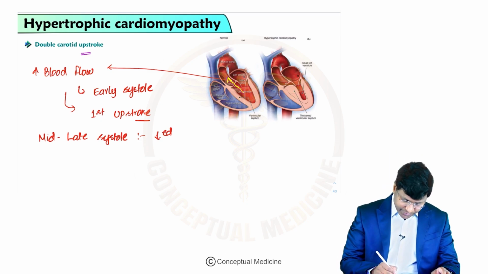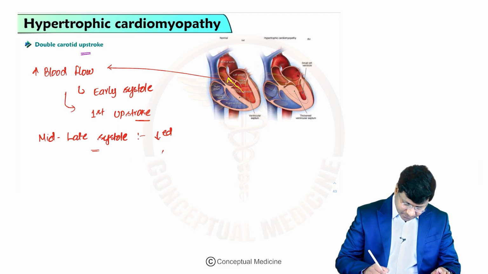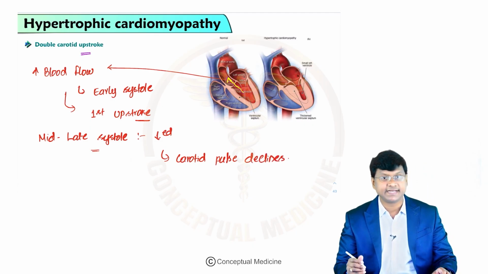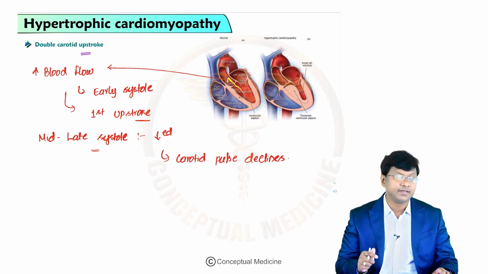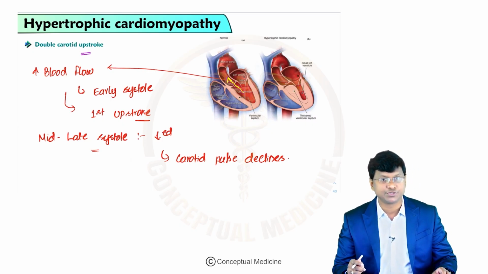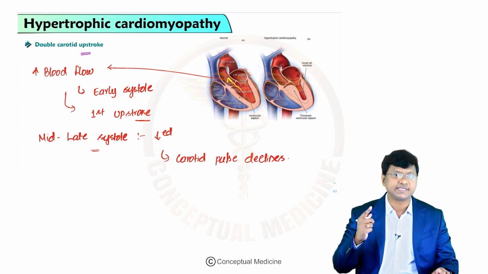So during mid or later systole, because of the obstruction, the carotid pulse declines, and the left ventricle tries to overcome this increased obstruction. And what is that increased obstruction? That is systolic anterior motion. So once the left ventricle tries to overcome this obstruction, the carotid pulse rises again.